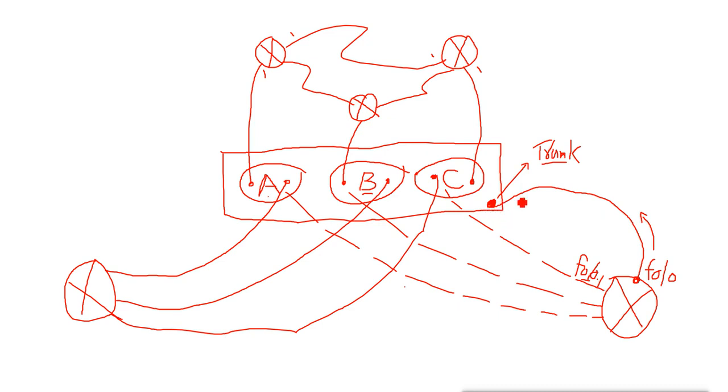We don't have to use multiple interfaces, one for each VLAN. If you have 20 VLANs, then you would have to use 20 interfaces. We don't have to do that. We can do it using only one link.